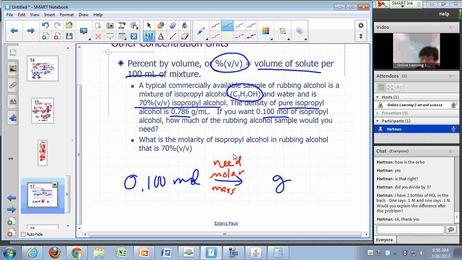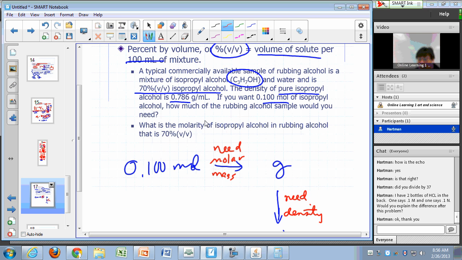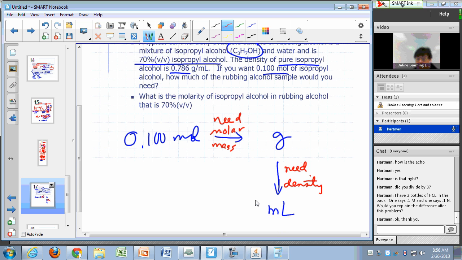If you know your grams, then you can figure out milliliters using the density, which is given to you. If you know your milliliters, then that's only going to be 70% of what you would actually need.